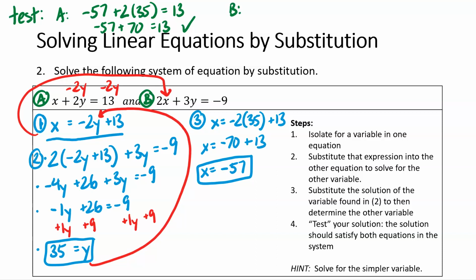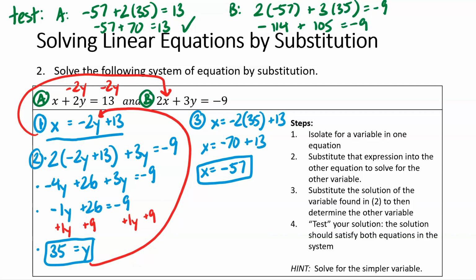For B, we have 2 times the x value, which we said is -57, plus 3 times the y value, which we said was 35. Does that equal -9? 2 times -57 is -114, plus 3 times 35, which is 105.